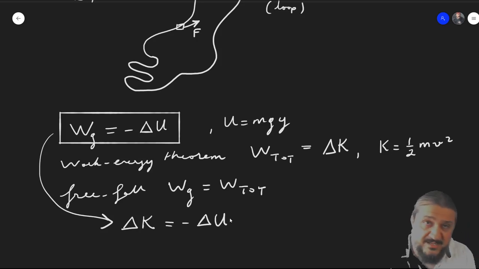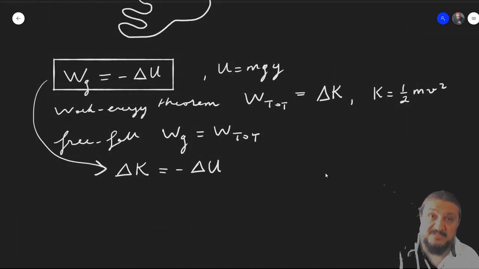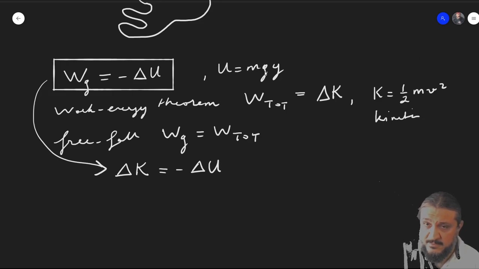The change in the kinetic energy is equal to the negative of the change in the potential energy. An equation expressed in terms of changes in energies. Kinetic energy and potential, or gravitational potential energy. Okay, what about the negative sign? Now, wouldn't it be nice if I take delta U and bring it to the left-hand side?